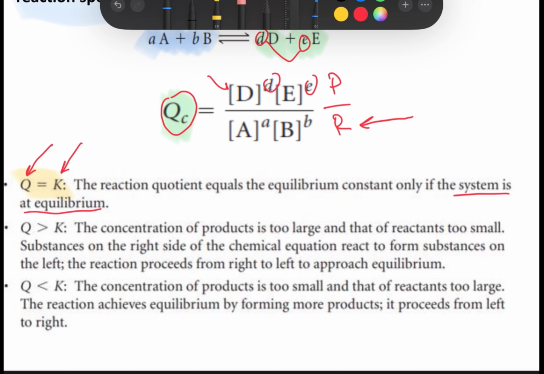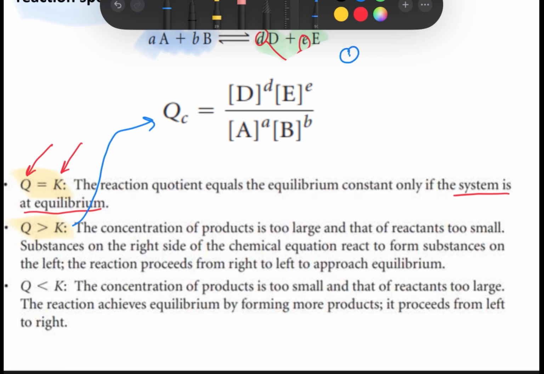The second case says if Q is greater than K. Let's go back again. If Q is greater than K, it means you have so many products, more than reactants.